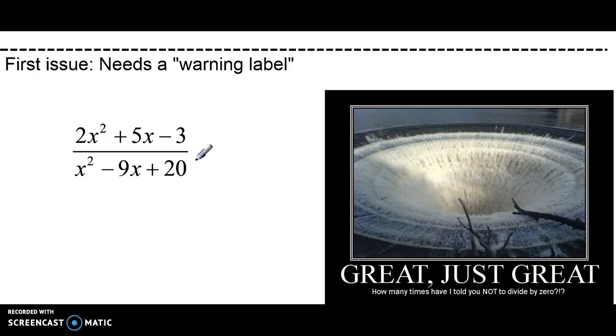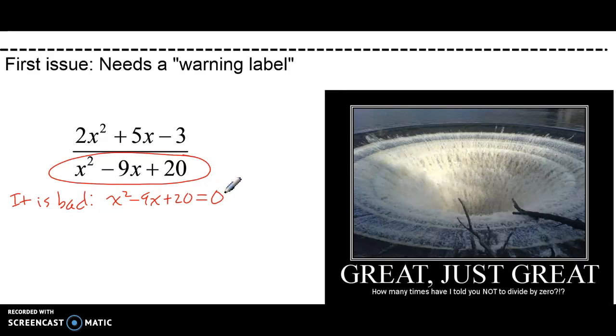So here's the concept. This is the potential danger. The thing that we want to avoid is that this expression could come out to be 0. If x squared minus 9x plus 20 comes out to be 0, that's a bad thing. Now, that's also not just a bad thing, it's also an equation, and it's a relatively simple equation to solve.